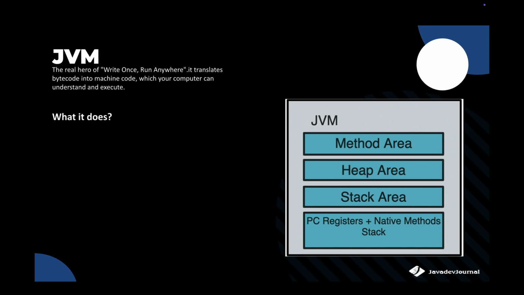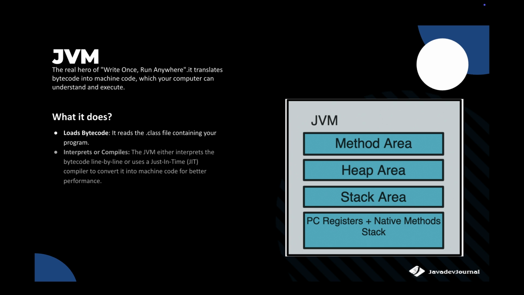Okay, so what exactly is the JVM going to do for us? As I said, it loads the bytecode. It reads the class file containing all the data, and then it loads the bytecode information, what we have seen in our previous video. Then it basically interprets, or understands, that bytecode.